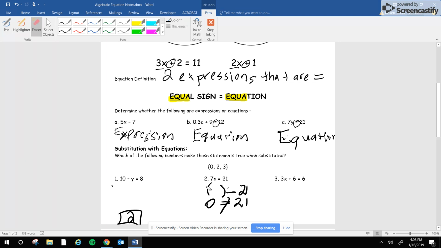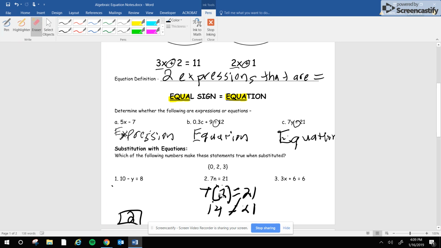Then I'm going to substitute 2 in for my variable. So it's going to look like 7 times 2. And of course, 7 times 2 is 14. And 14 does not equal 21.